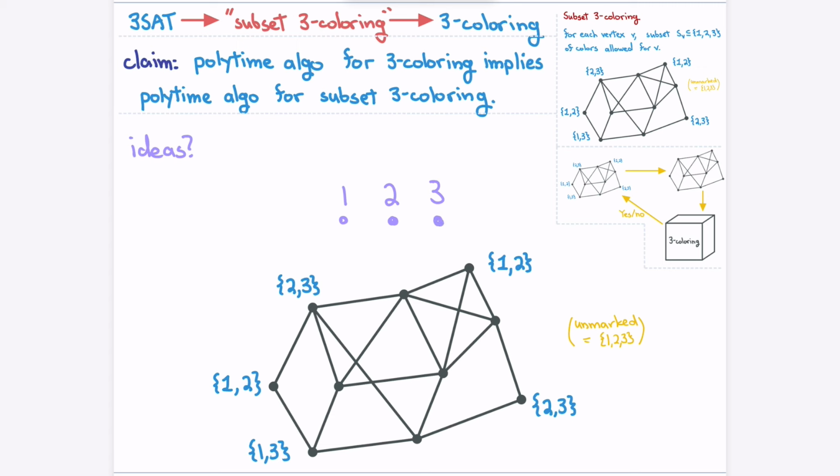And then if I add an edge like this, it's saying this vertex cannot be colored 1, and this is saying this cannot be colored 3. I can add those lines, and then I don't have to explicitly write down these sets anymore. It's encoded with these lines. Okay, good. But now we just have to create something like this, because this is still cheating, because we force some colors.